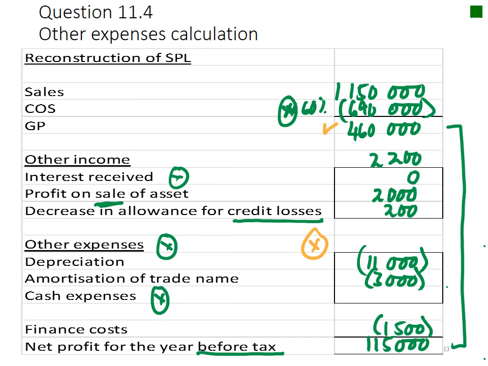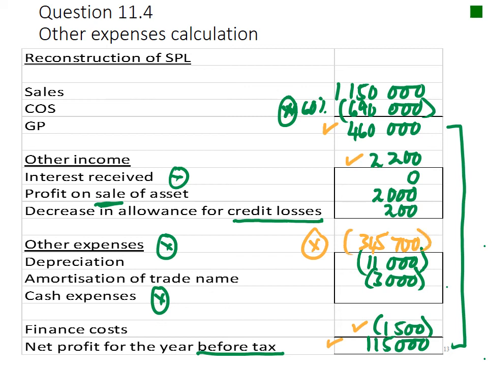If you take 460,000 and you subtract 115,000, the difference between those two, and then you're going to be taking this 2,200 out and this 1,500 out. The balancing amount here for other expenses is 345,700.